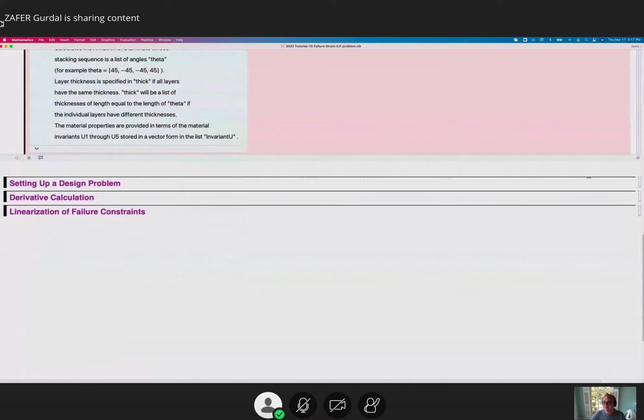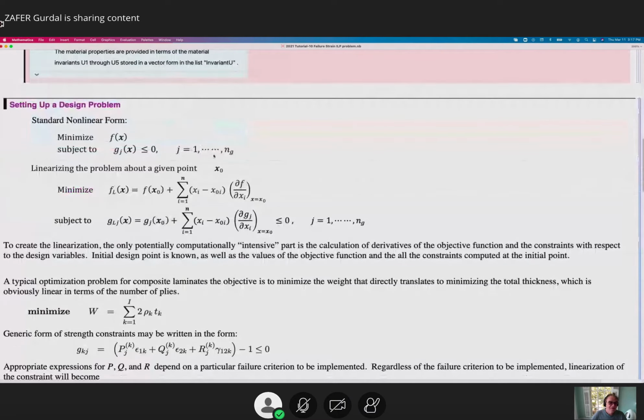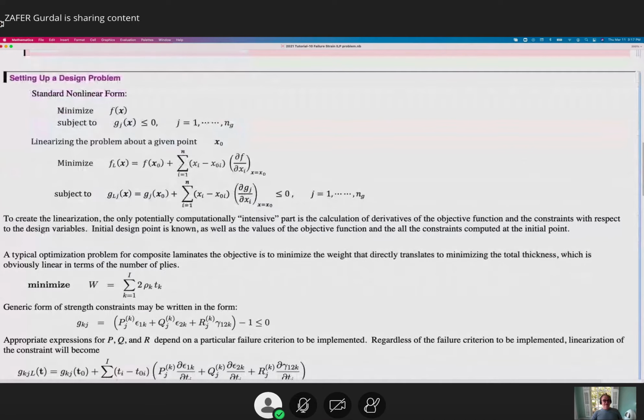But let's try to set up the problem that we're working on. The problem that we are trying to set up is we have an objective function f, and a nonlinear constraint. These can be strain constraints or stress constraints. The objective function can be linear or nonlinear. For composites, the objective function is typically, as I said before in the lecture charts, the sum of the thicknesses.